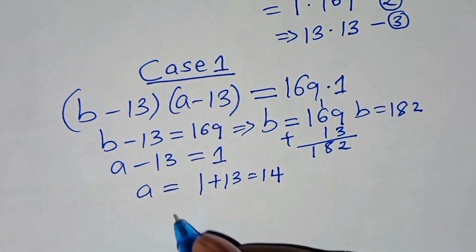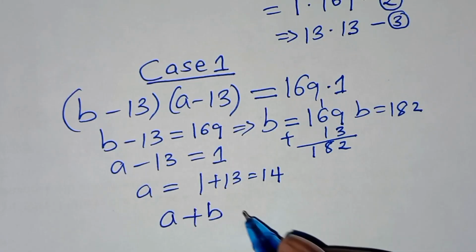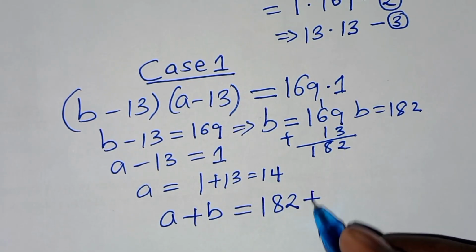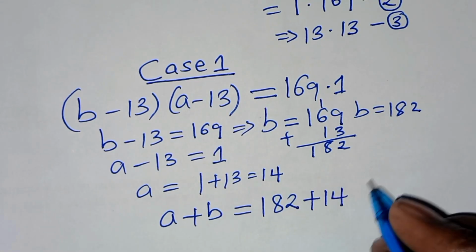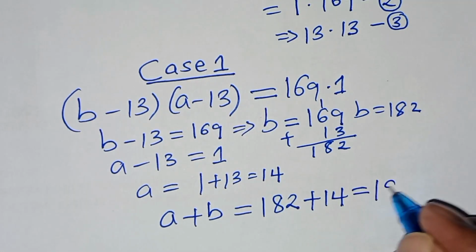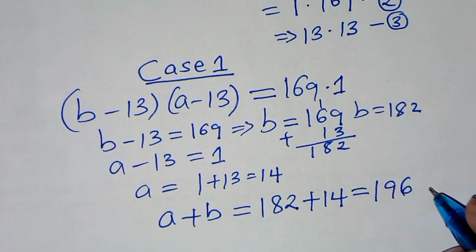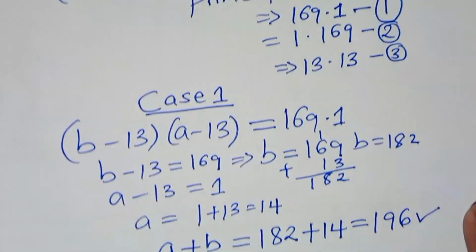So a plus b is 182 plus 14, which is 196. This is the solution to case 1.